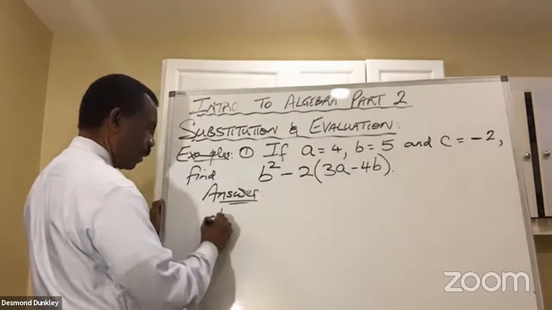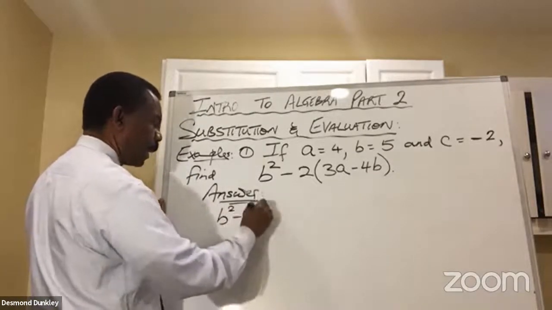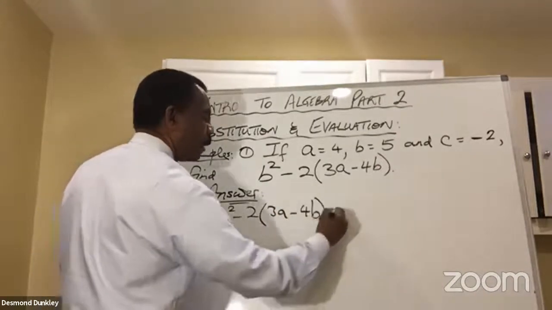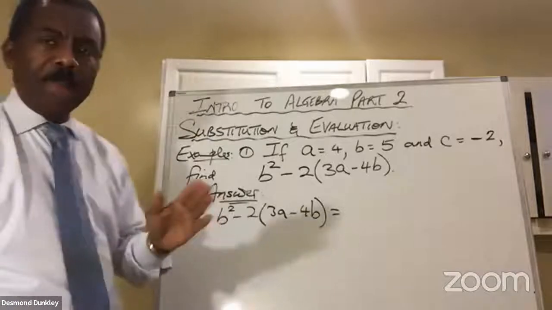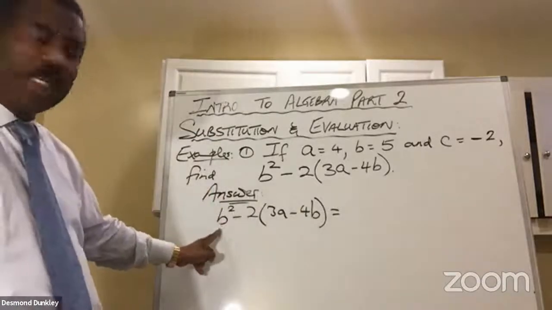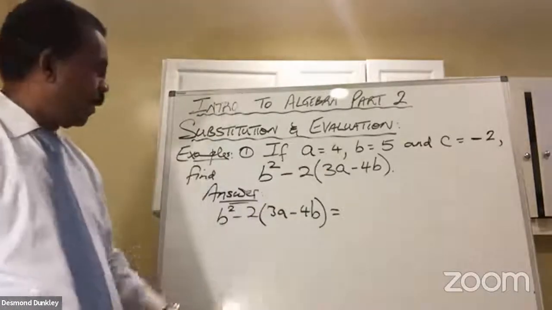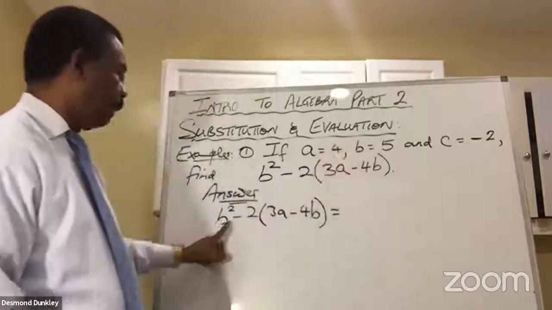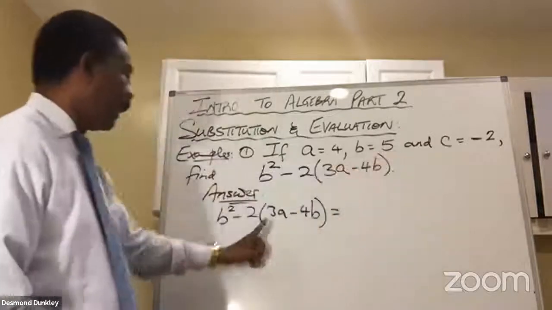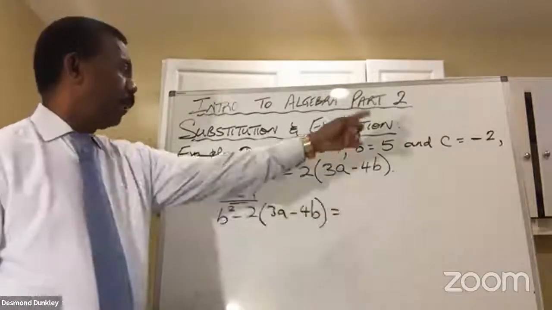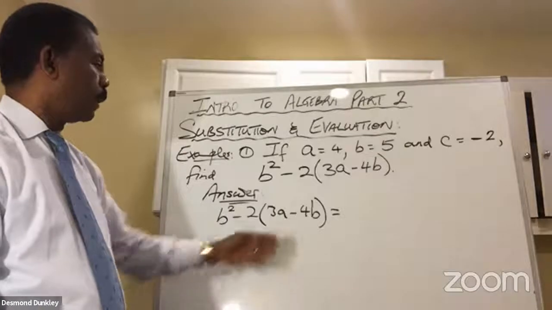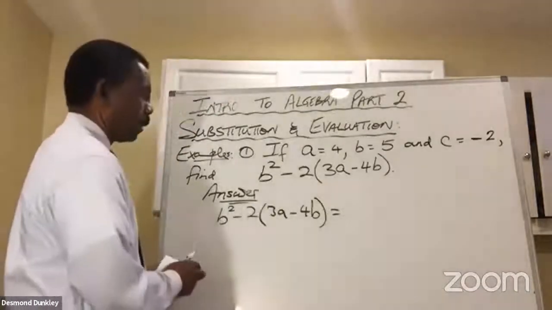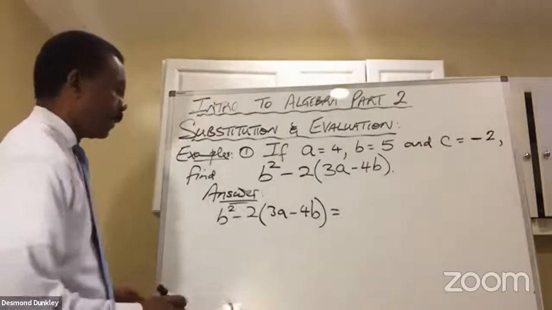B squared minus 2 times 3A minus 4B equal to, all I'm going to do is, wherever I see B, I plug in 5. Wherever I see A, I plug in 4. Wherever I see C, oh, there's no C. I'll just go ahead and do it just like this.